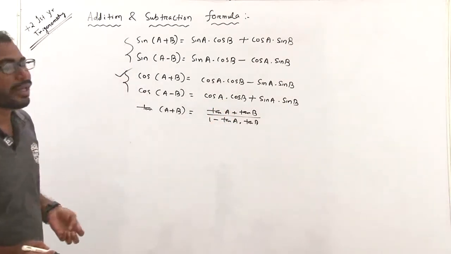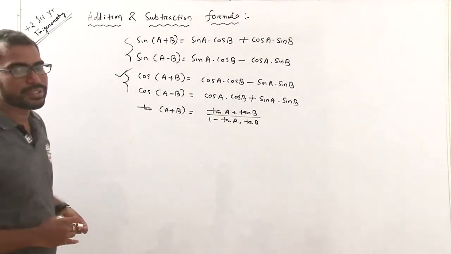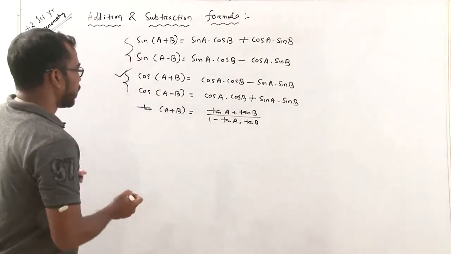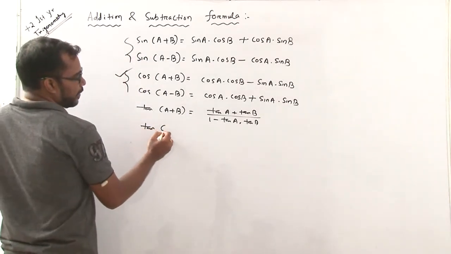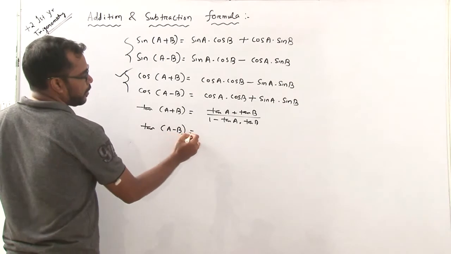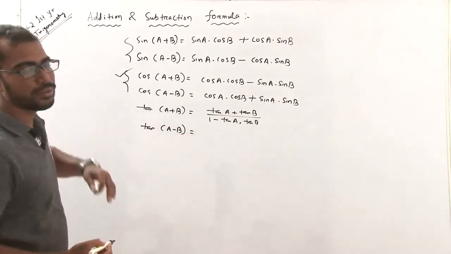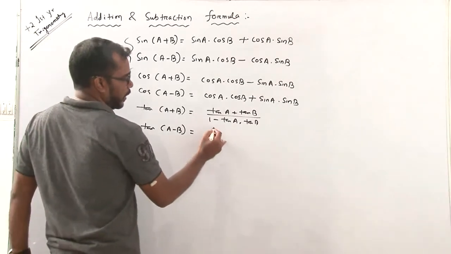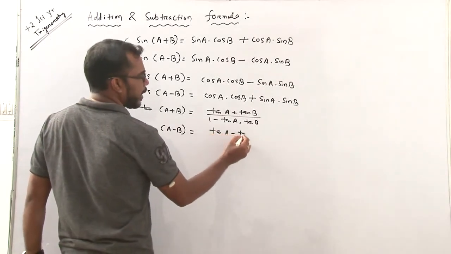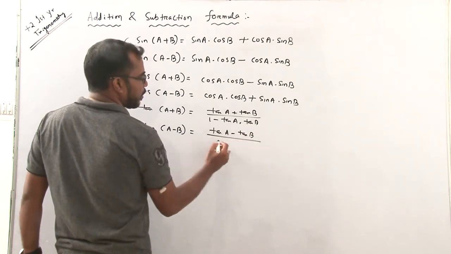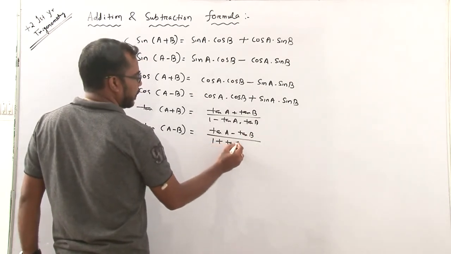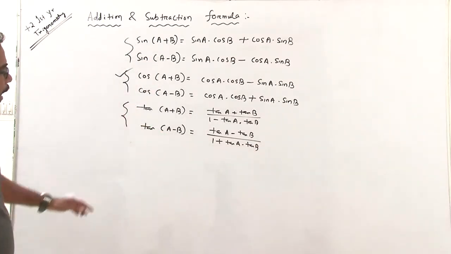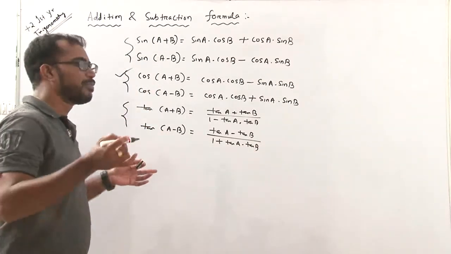Then tan(a minus b), similar to tan(a plus b), changes the sign of this expression, that is tan a minus tan b by 1 plus tan a into tan b. So these are the addition and subtraction formulas in terms of tan.